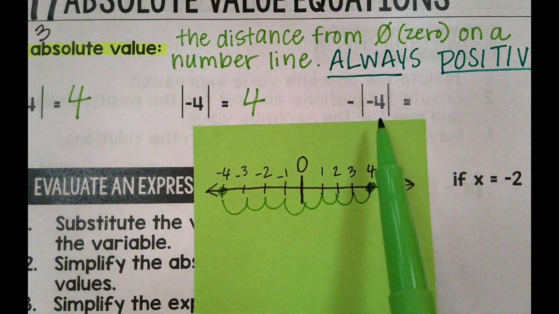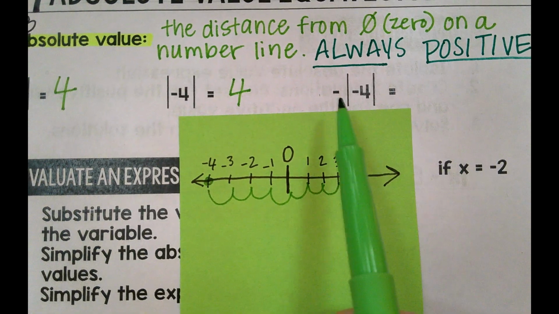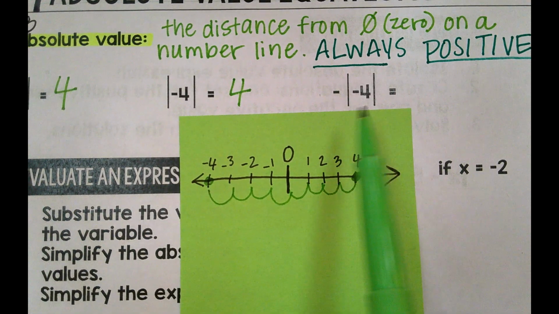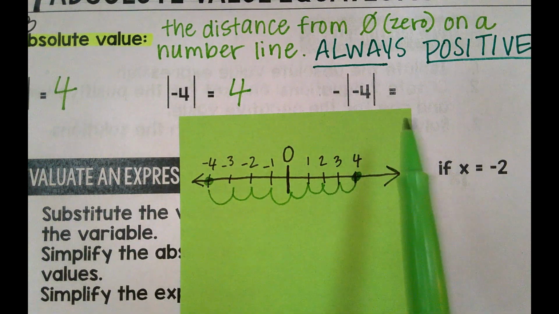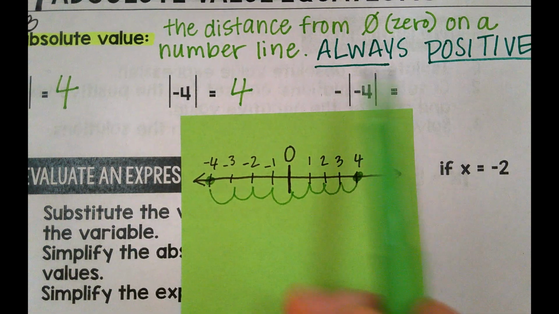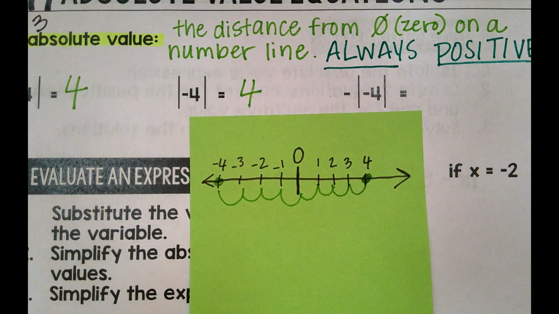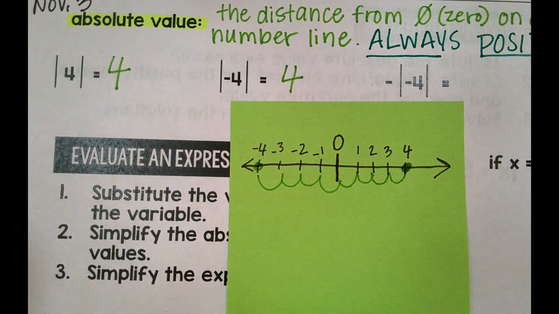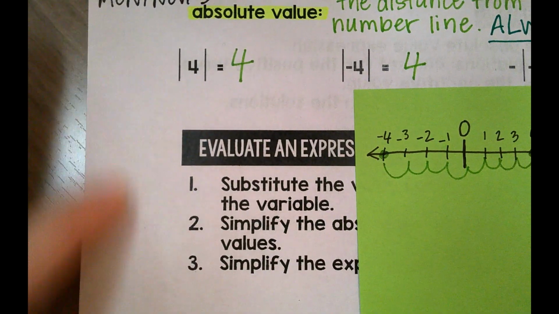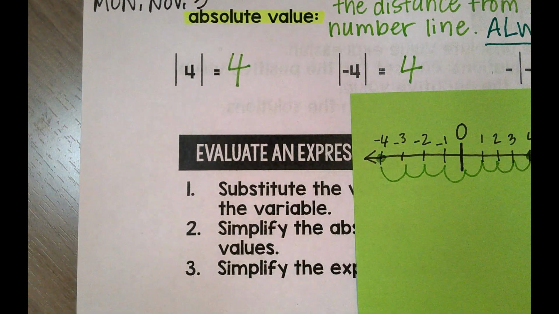But now let's look at this. I have negative absolute value of negative 4. Whenever we have something like this, we want to think back to the order of operations. If you do not recall order of operations, I'm going to have you write it out to the side on this paper because we're going to use it quite a bit today.